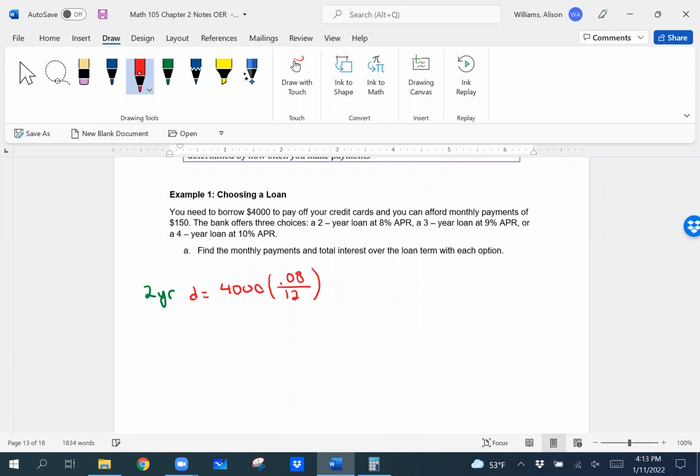Because it's a monthly payment, N is 12. That's divided by 1 minus (1 plus 0.08 over 12) to the negative 12 times 2. Just like the last video, I'm going to divide out those decimals and see what we get.